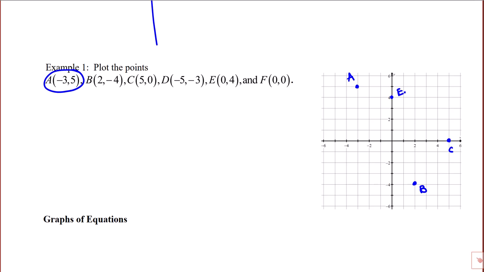Don't just ignore it. And then going back to D, I go to the left 5 and down 3. And the easiest one, the origin. Origin means beginning, that's where you start. From there you go left and right, and then up and down, right?